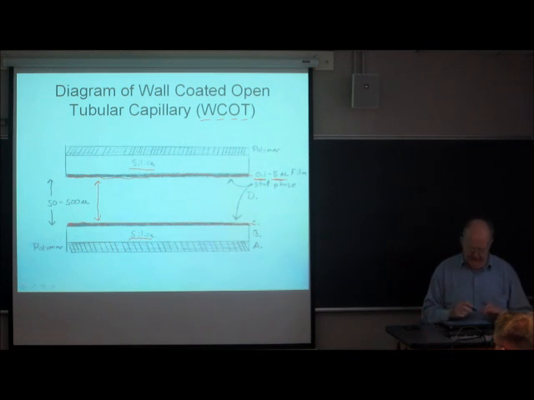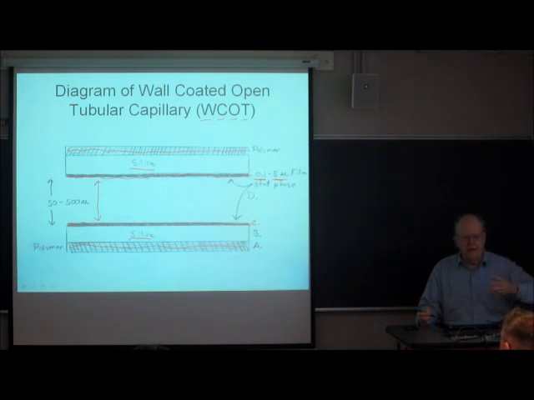Then the outside of the fused silica tube is coated with another polymer, usually a polyamide type material. They're very thermally stable, easy to coat, and they add a little bit to the mechanical stability of the system.